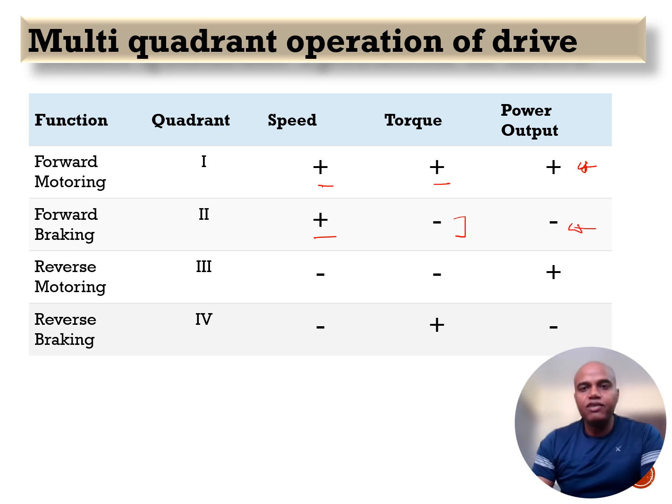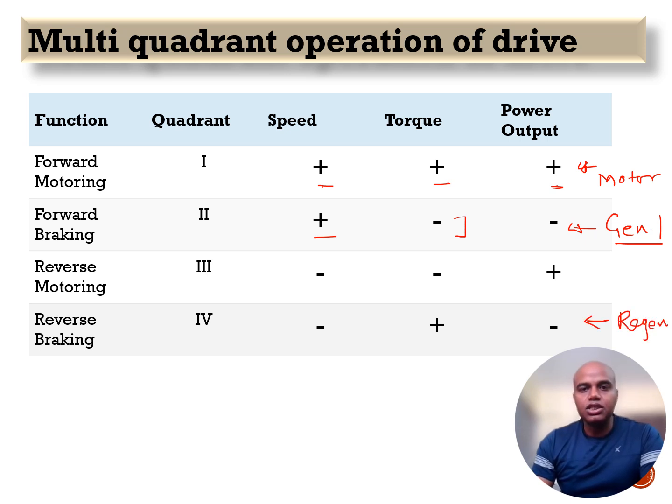We can easily see that if the power output is positive, then my machine is working as a motor, and if the power output is negative, then my machine is working as a generator. So in this quadrant, regenerative braking can happen. Here also regeneration can happen.